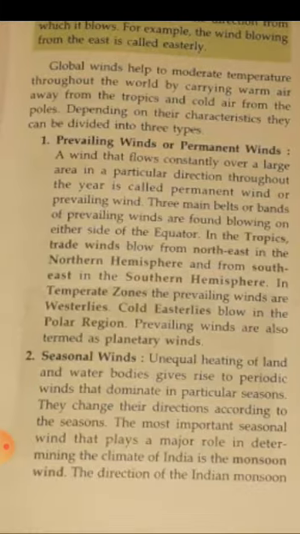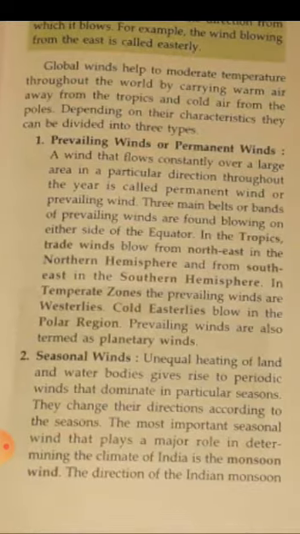The second type of winds are seasonal winds. Unequal heating of land and water bodies gives rise to periodic winds that dominate in particular seasons. They change their directions according to the seasons. The most important seasonal wind that plays a major role in determining the climate of India is the monsoon wind.